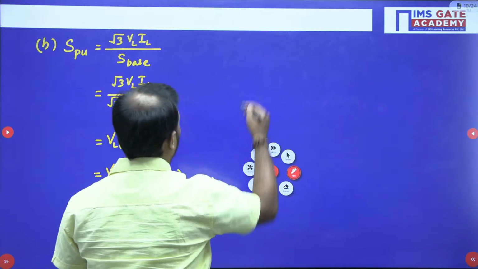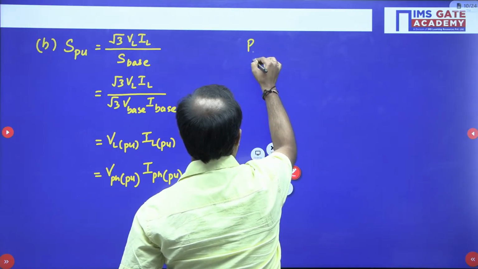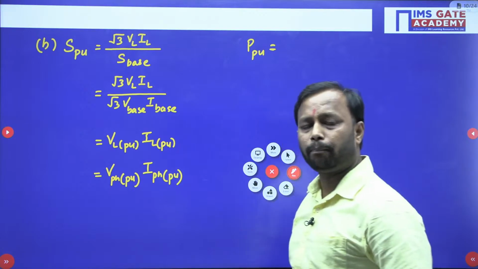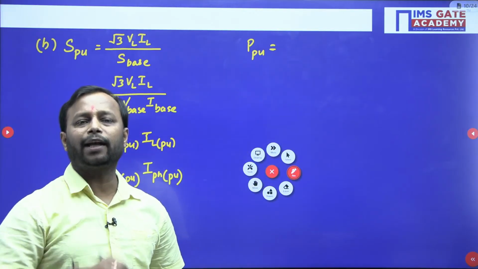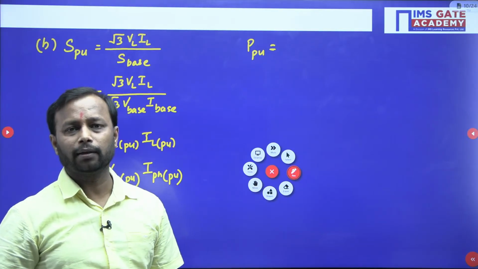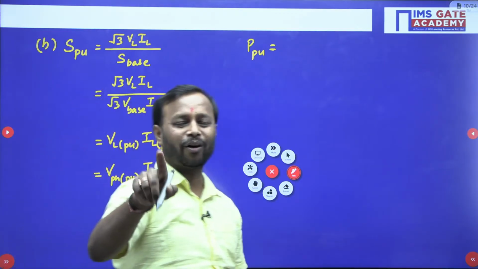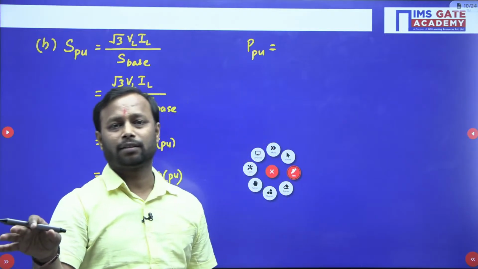Okay. So what about real power in per unit? P actual divided by S base. P actual divided by S base. Don't say P base, you will get the wrong answer because P base or Q base doesn't exist.